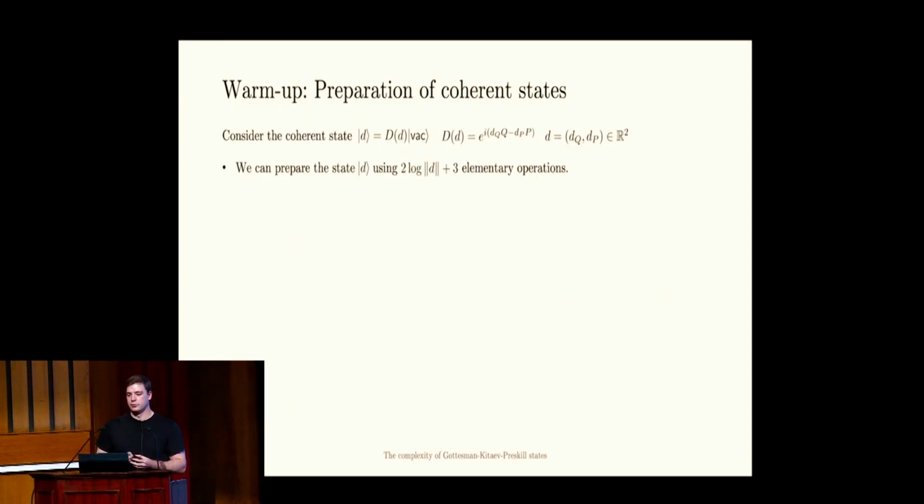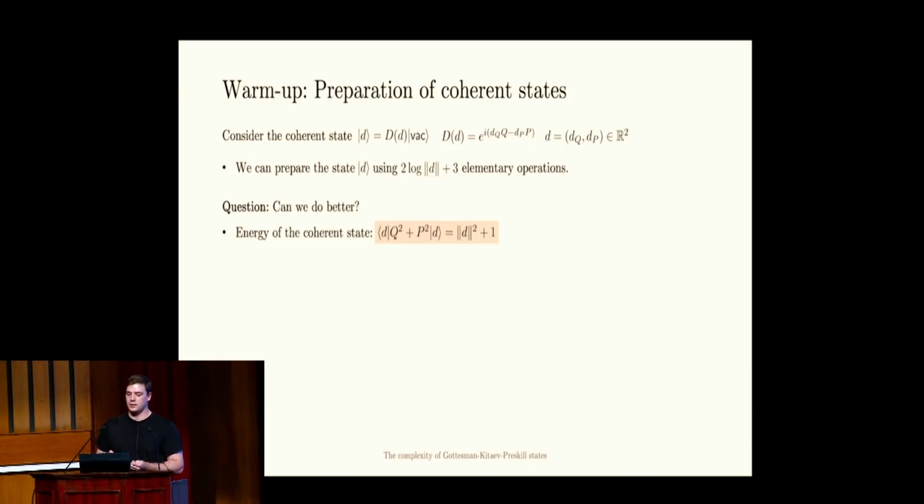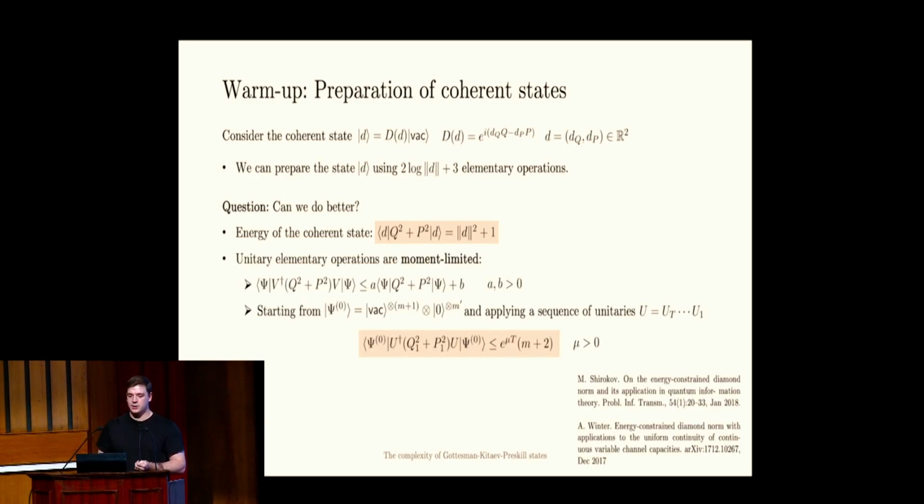So we can ask, is this actually optimal, or can we do better with the set of operations that we allow? To answer this question, we note that the energy of the coherent state is quadratic in the norm of the displacement. On the other hand, these elementary unitary operations are moment limited, meaning that applying them once can increase the energy only by an affine linear function.